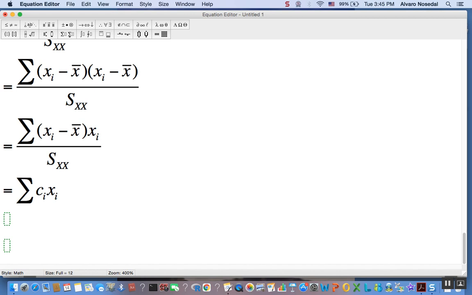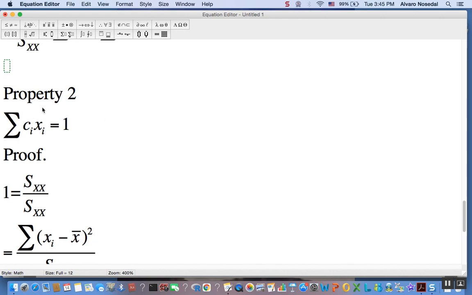Last property. This one has to do with the sum of the ci's squared. Okay, here we go. Property number 3.